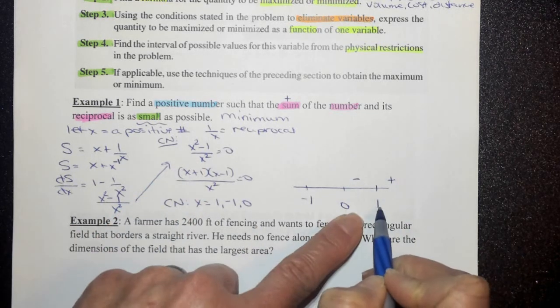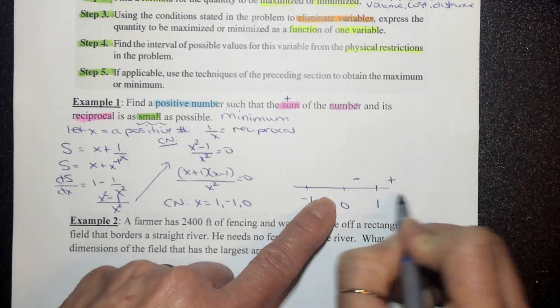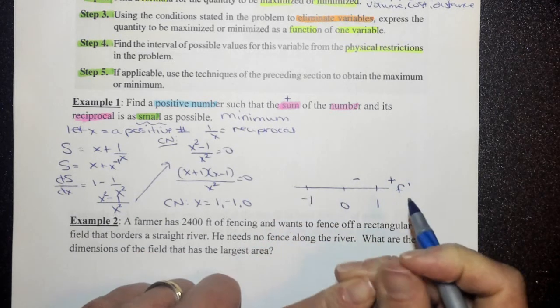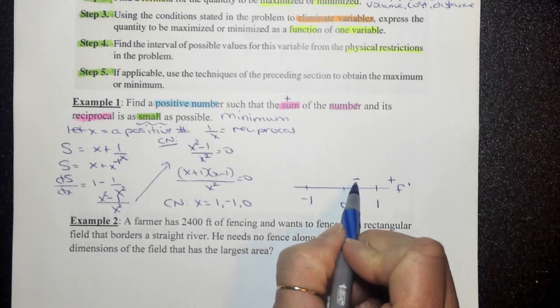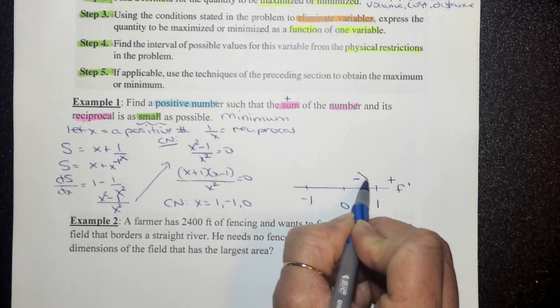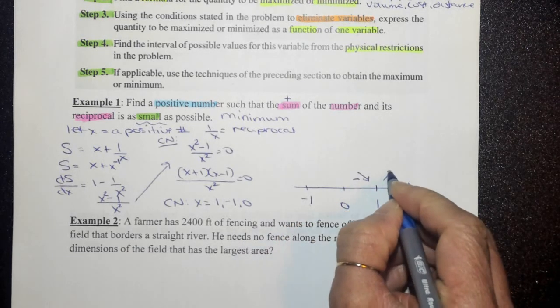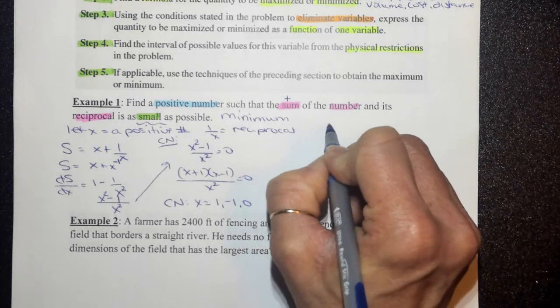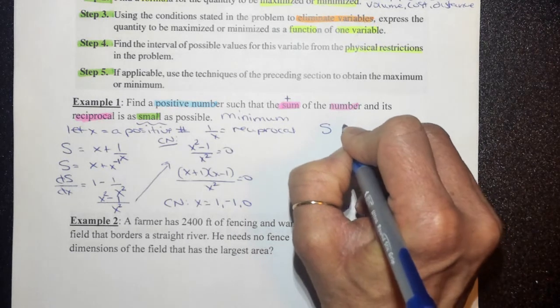So to prove to you that this is a minimum, remember, this plugged into f prime indicates the direction of f, meaning that f of x is decreasing on this interval and increasing on this interval, indicating that this would be a minimum.